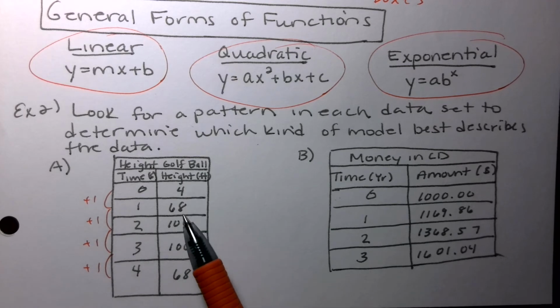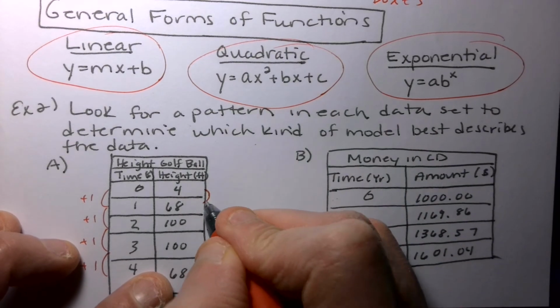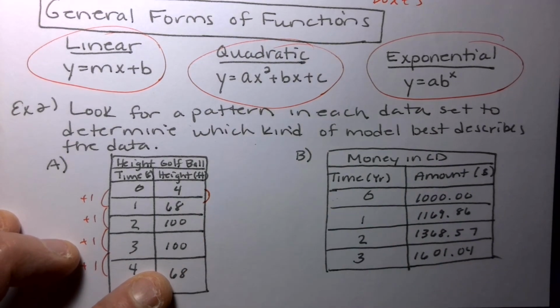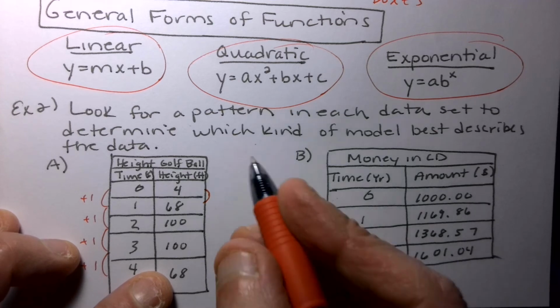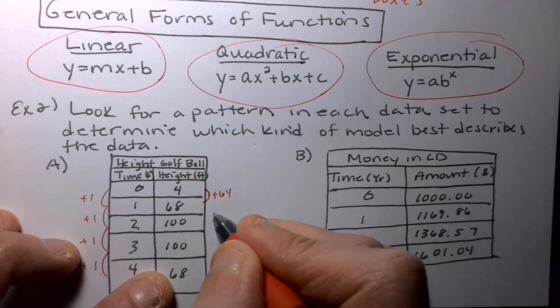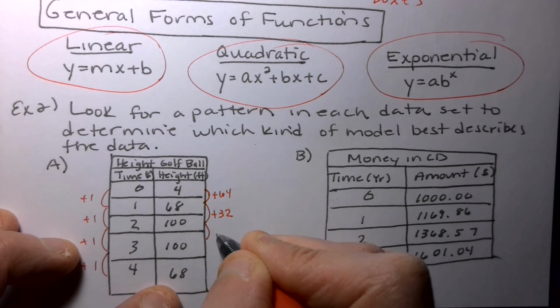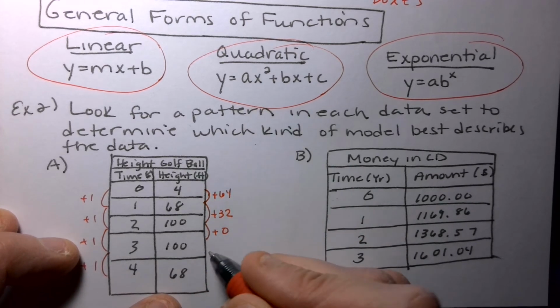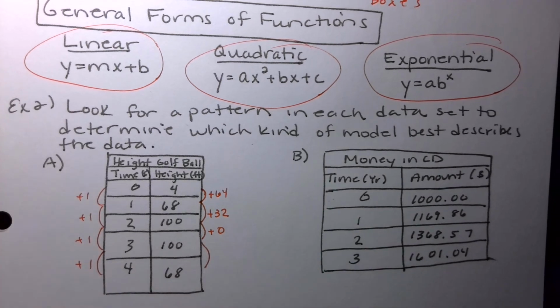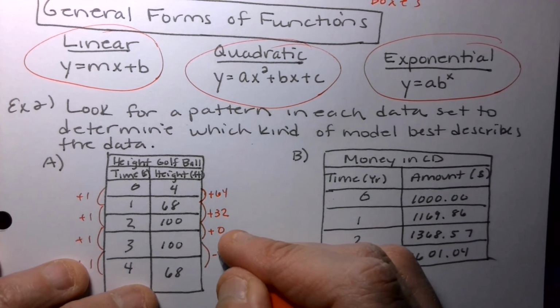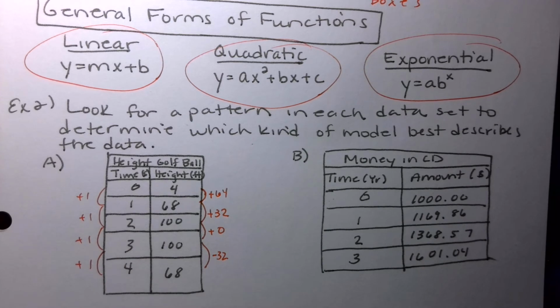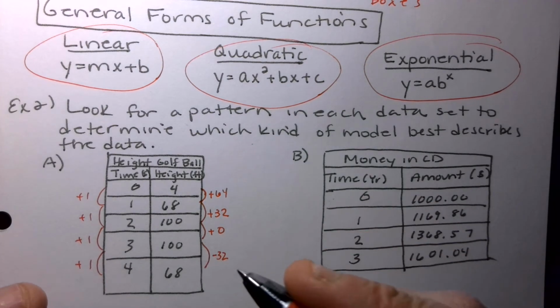How could you possibly have the same? So that's not going to work. So the only option here is if it's a quadratic. So let's check it out. All right, so what's the difference? 4 to 68 is a +64, and this is a +32, and this is a +0, and this is a, that goes down, so it's a -32. Okay, so obviously it's not linear. Let's check quadratic.